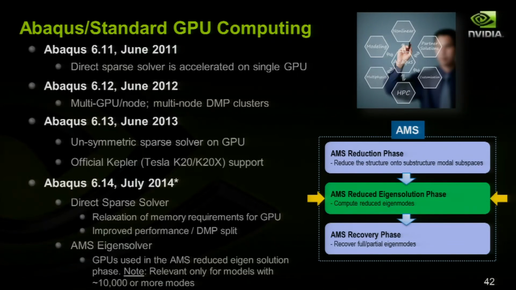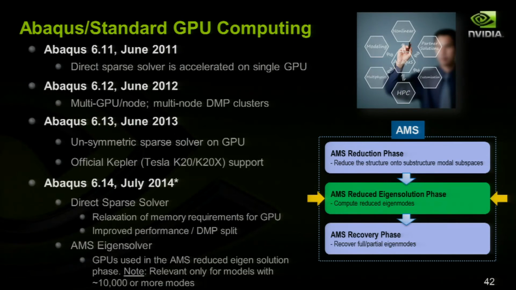When first released, it was only supported on a single GPU, but it was later extended to multiple GPUs in 2012, and then extended to the unsymmetric solver from symmetric in 2013, including support for our latest generation card, the Kepler series.